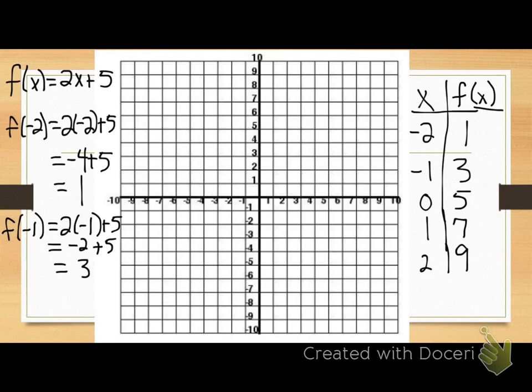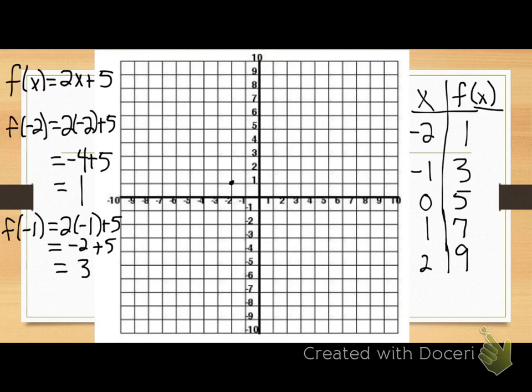Okay? So I'm graphing these ordered pairs: (-2, 1), (-1, 3), (0, 5), (1, 7), (2, 9). That'll create my line for my linear function. So -2, 1: which 2 directions am I going? Left and down.